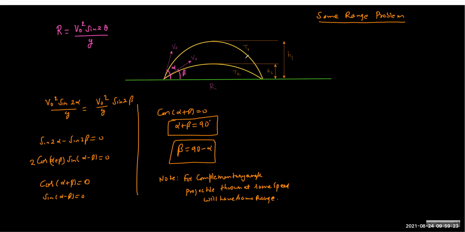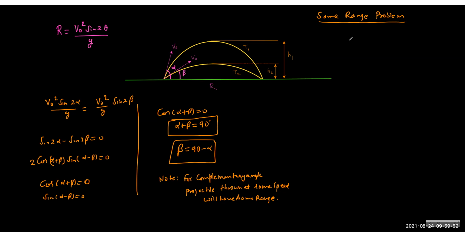So they will ask you to find the ratio of their angles of projection: tan alpha by tan beta. You can find only any one angle because that's good enough, right?